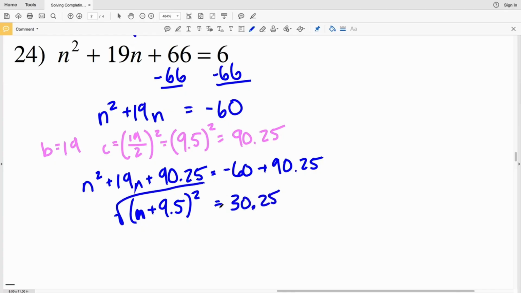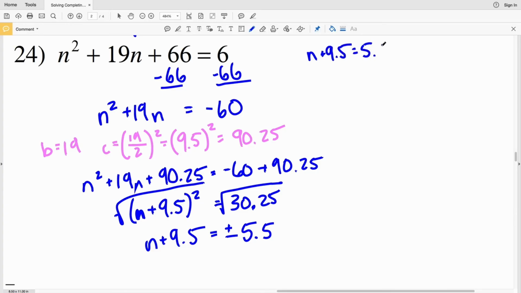So now when I take the square root of both sides, I'll get that n plus 9.5 is going to equal positive or negative square root of 30.25, which the square root of 30.25 is 5.5. So n plus 9.5 equals a positive 5.5, or n plus 9.5 equals a negative 5.5. So we're going to solve each of these equations.